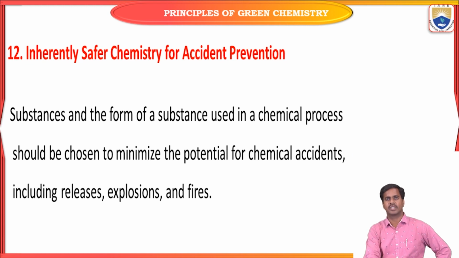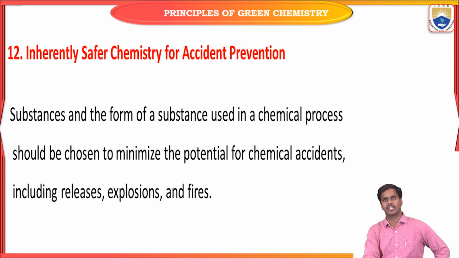And the last one is safer chemistry for accident prevention. The substances used in a chemical process should be chosen to minimize the potential for chemical accidents, including releases, explosions, and fires.